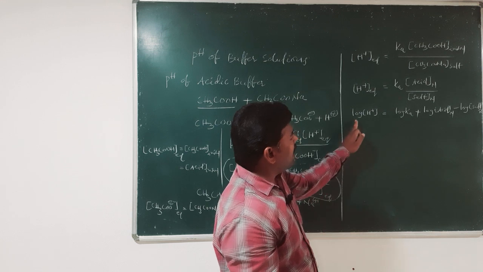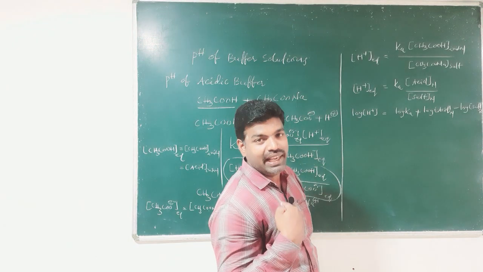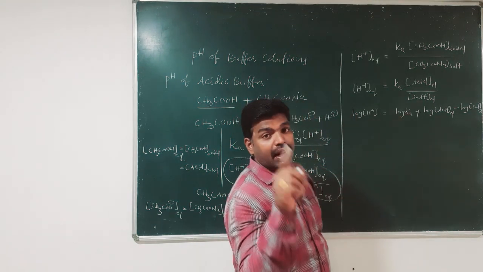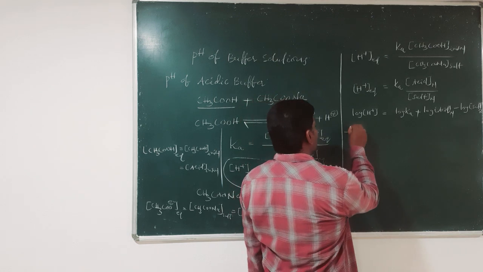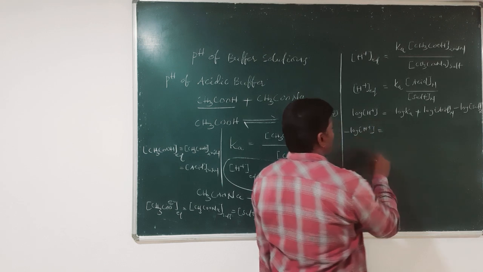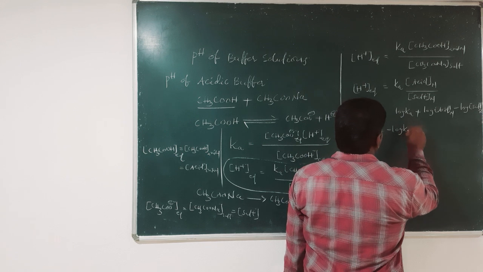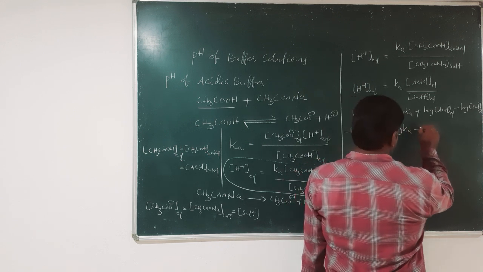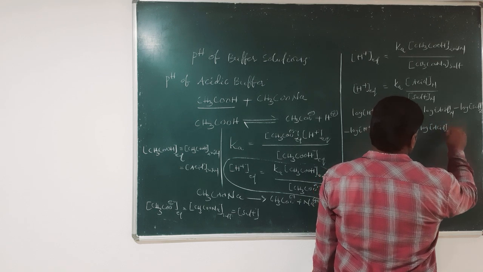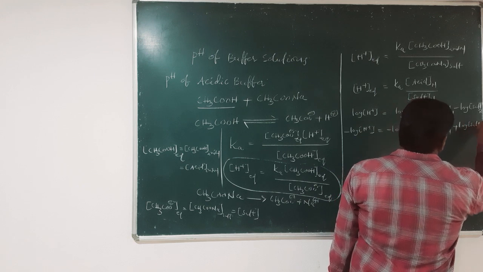For the sake of convenience, I shall multiply the whole equation with a negative sign, that is negative logarithm of concentration of H plus ions is equal to negative log Ka, minus log concentration of acid plus log concentration of salt.